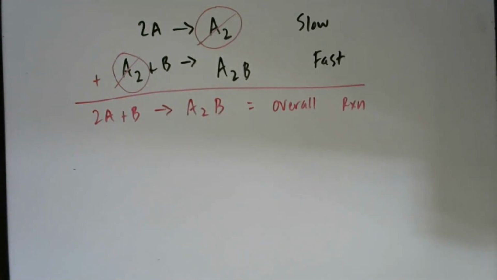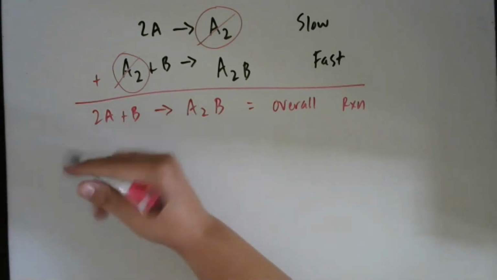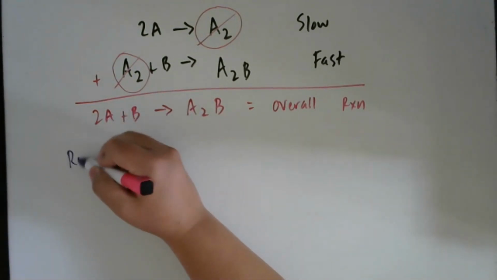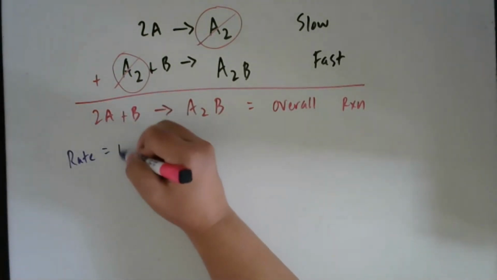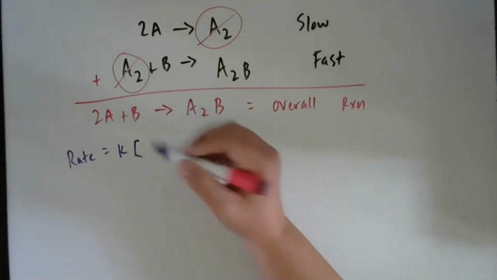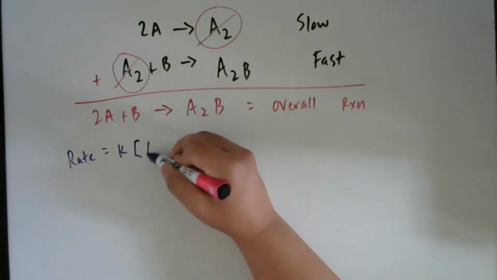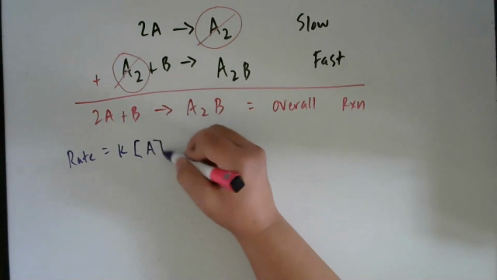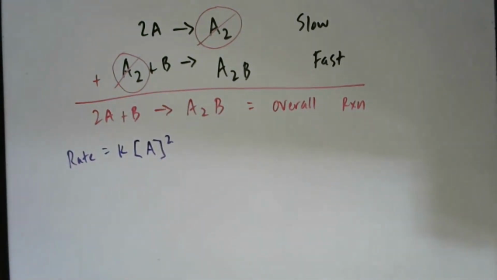The rate law is going to be based on our slow step. So the rate is going to be equal to K times A squared.